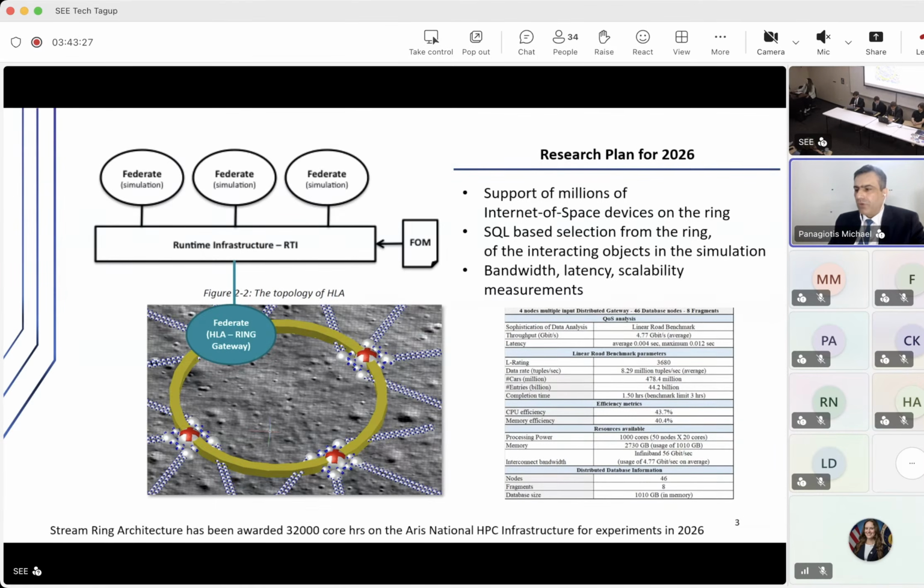We will apply selection of participating Internet of Space devices from approximately a few million devices by using our own stream SQL, and we measure the limits of the experiments in terms of scale, bandwidth, and latency.